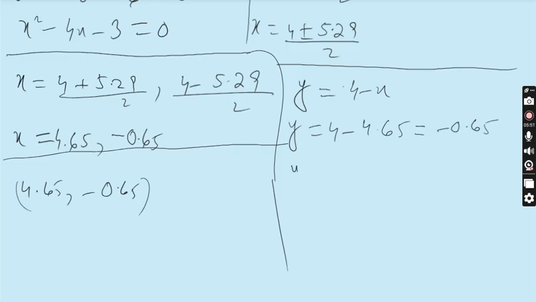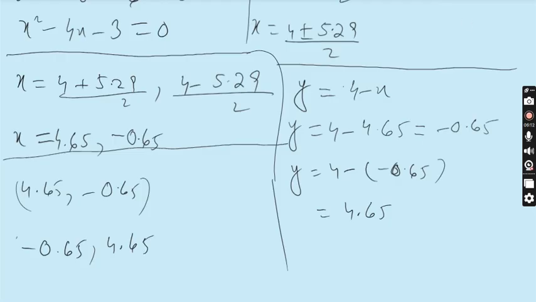Second, y equals 4 minus x, with x equal to minus 0.65. So the answer is 4.65. So when the value of x is minus 0.65, then the value of y is 4.65.